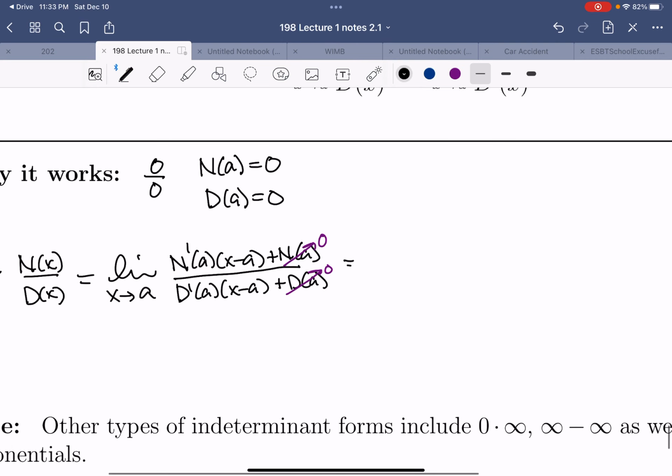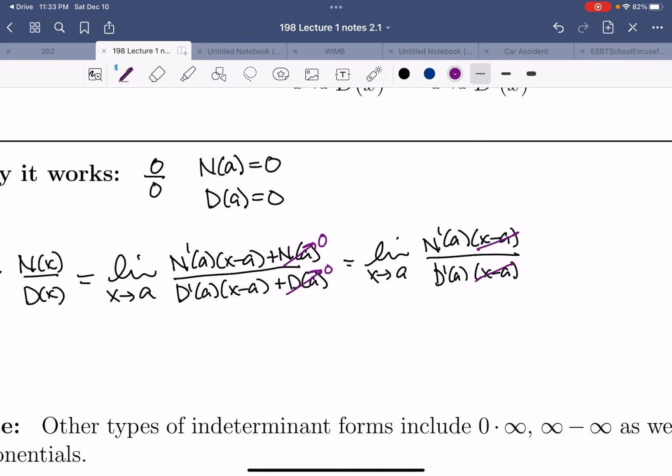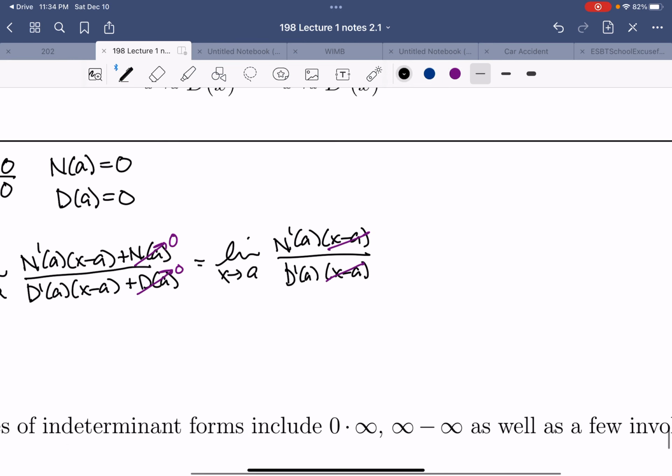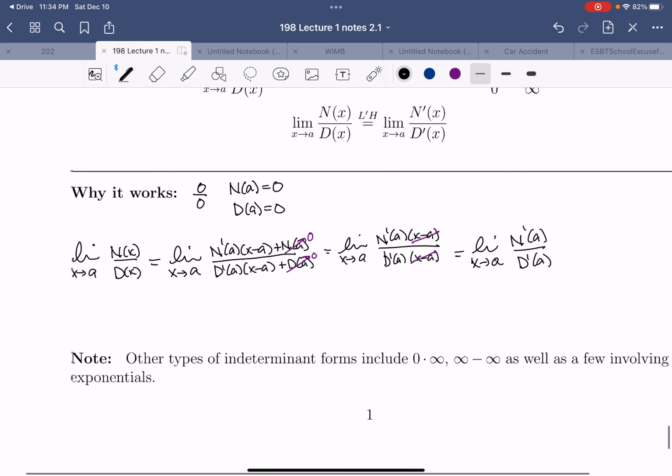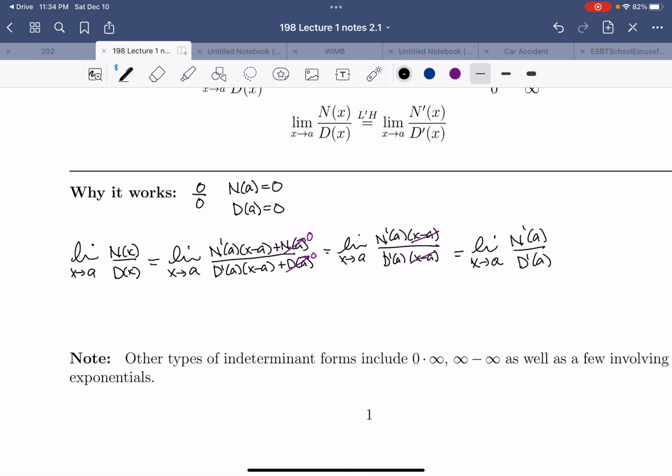We're left with the limit as x goes to a of n prime of a times x minus a, over d prime of a times x minus a. Then your x minus a's cancel. So you're left with the limit as x goes to a of n prime at a over d prime at a. Essentially, if you take the derivative of the top and the bottom and plug in your a, that's equivalent to your original limit.